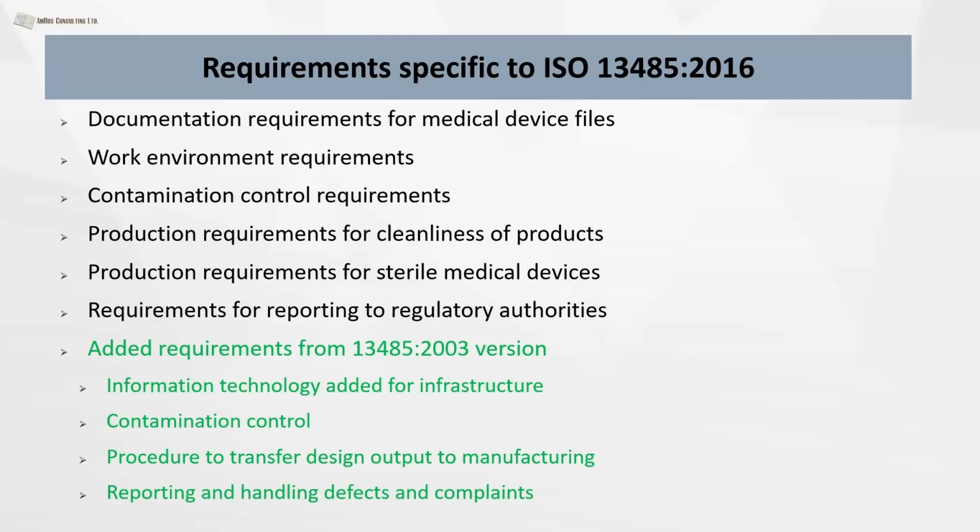And also, it's very important to maintain reports and handling of any defects and complaints. So whether they're defects that are identified as part of your testing process or complaints coming from the customer, all the information has to be maintained and kept in your files.